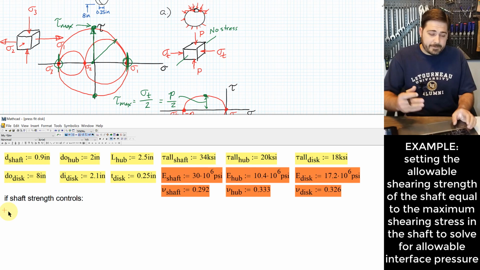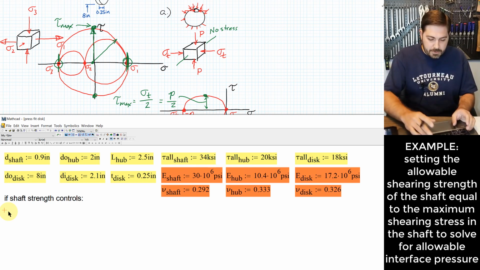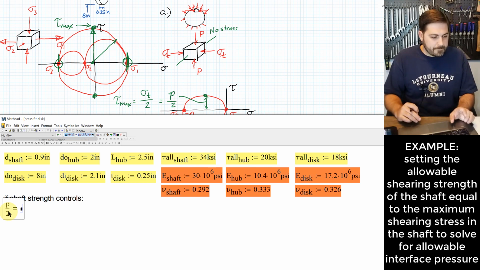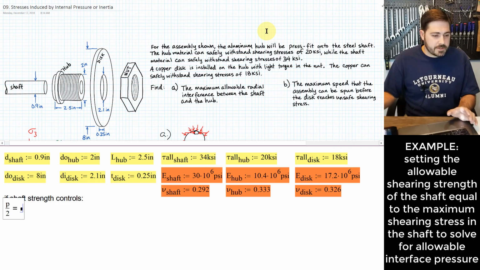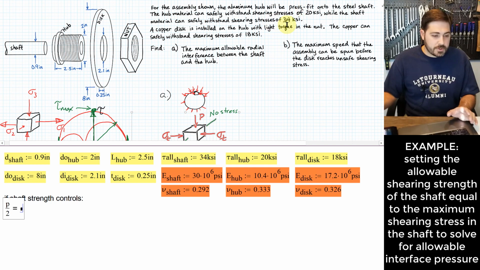What we're saying with that now is that we can take this interface pressure P and divide it by 2, and this is going to be equal to the strength value, because the shearing strength value that was given for this shaft was 34 KSI.